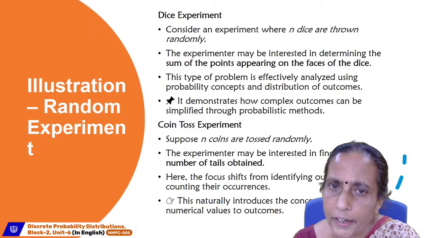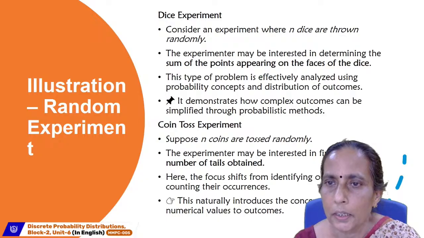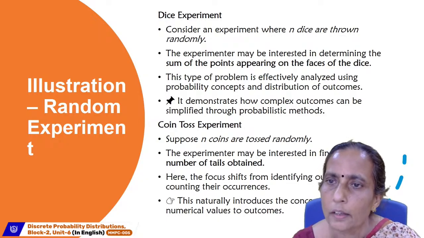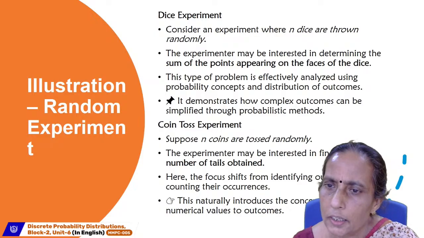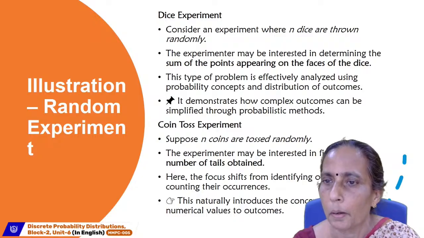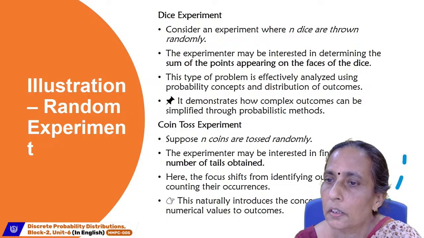For example, the dice experiment that we had in our last class. Consider an experiment where n dice are simultaneously thrown. Each of the dice has 6 faces, as you know. The experimenter may be interested in determining the sum of the points appearing on the faces of the dice.